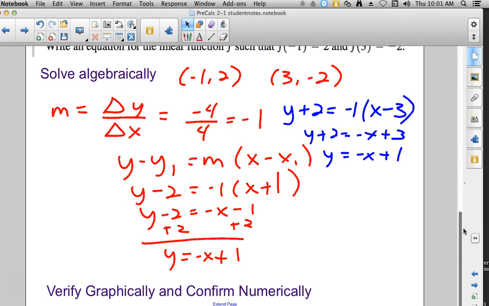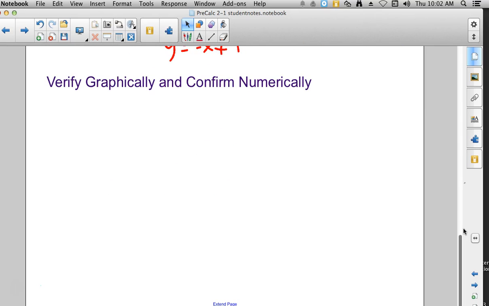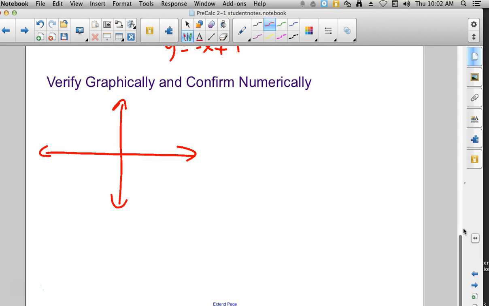So this says verify graphically and confirm numerically. Well, we want to see that our line truly does go through the points that they gave us. So we'd probably just take a second and slap it into the graphing calculator and make sure that our table shows the points that we had. So our points were negative 1, 2, and 3, negative 2.